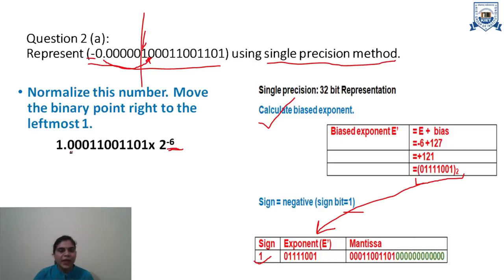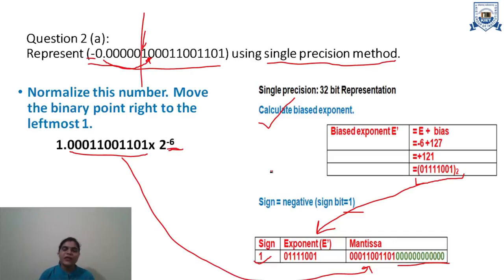We will copy the mantissa part here, and to make the mantissa field 23 bits long, we will add some zeros to the right. So in this way, we have represented the given binary number in 32-bit representation.